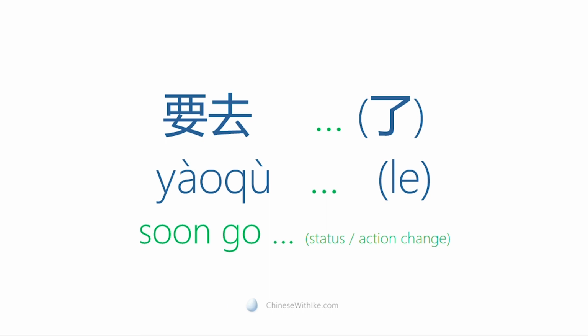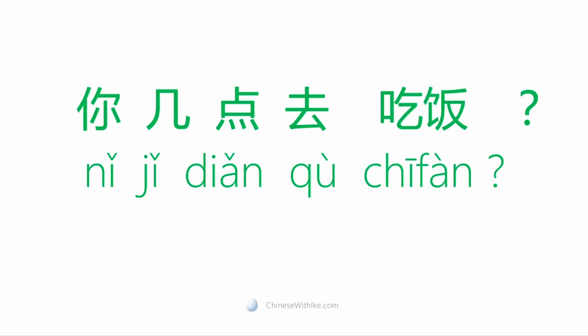So what time are you going to eat in Chinese? It's 你几点去吃饭？ So now we don't have 要 and 了.